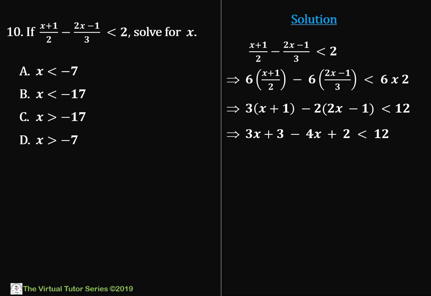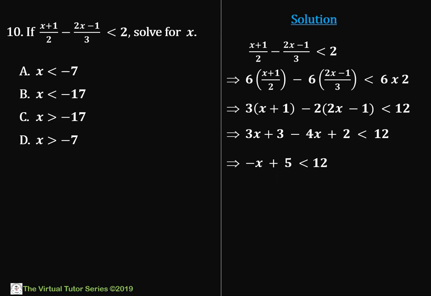Note that negative times negative is positive, hence negative 2 times negative 1 is 2. 3x − 4x is negative x, and 3 + 2 is 5. So we have negative x + 5 is less than 12.